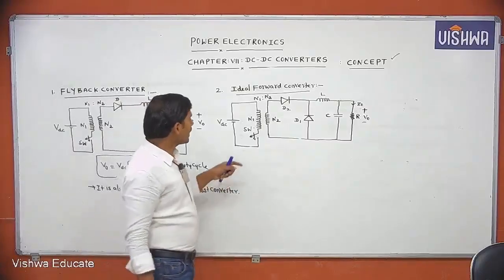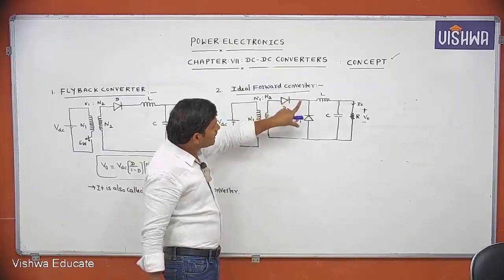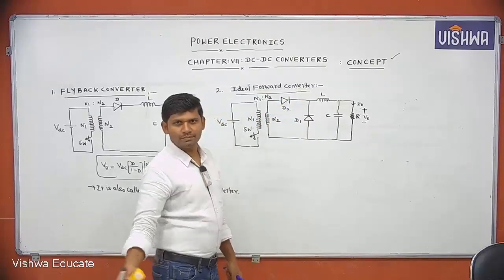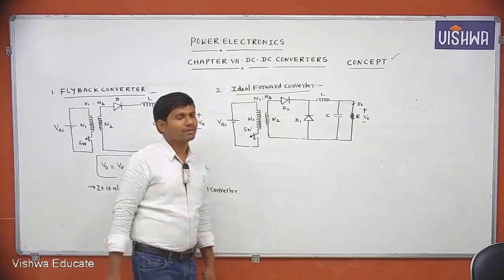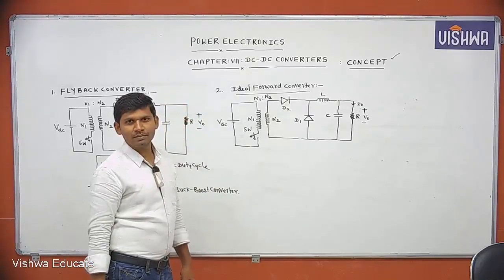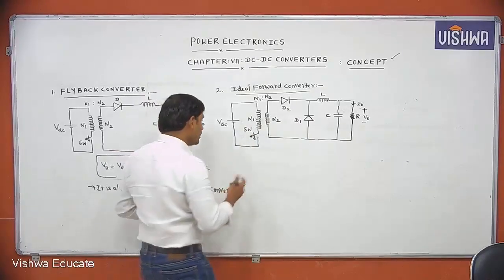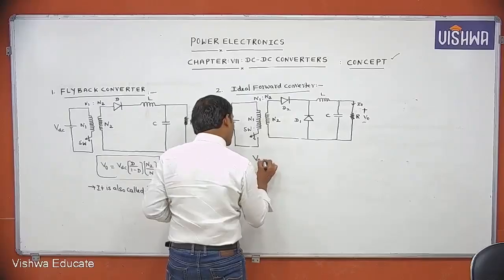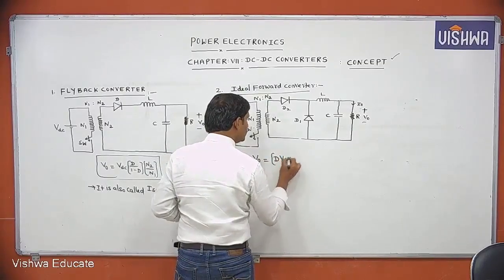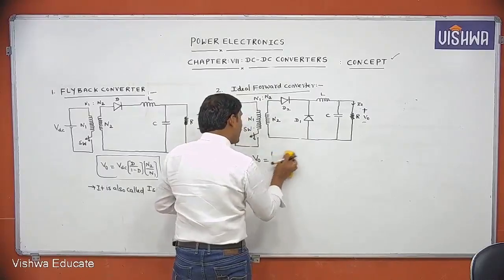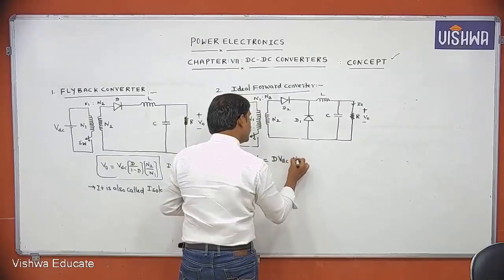Okay. The switch is arranged at the transformer side. Here we are using the diode, just like a diode across the load. Then which converter is it? Buck converter. In the buck converter, what is the formula? D VDC. Then here we are using the turns ratio. Easy to remember. Then what is the average output voltage? V naught equal to D VDC into N2 by N1.